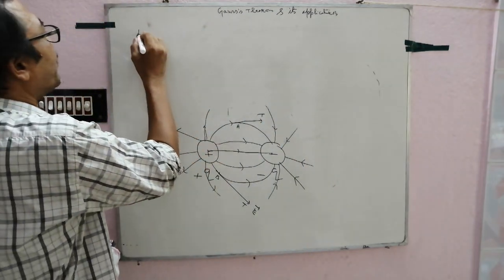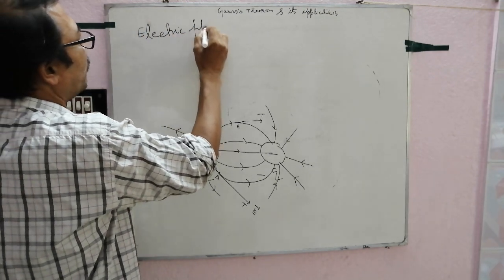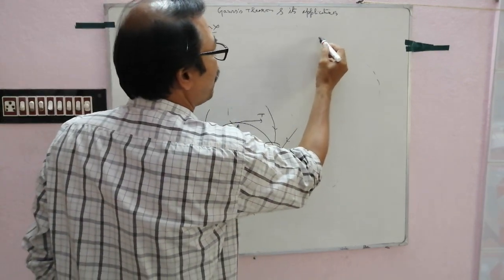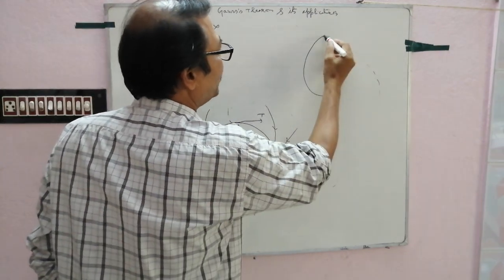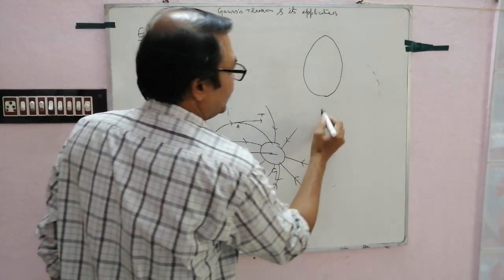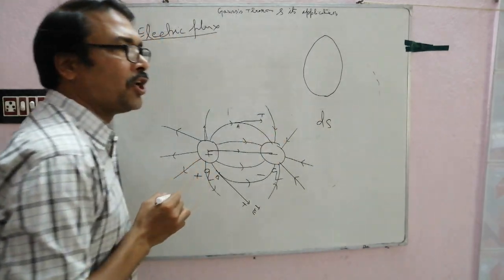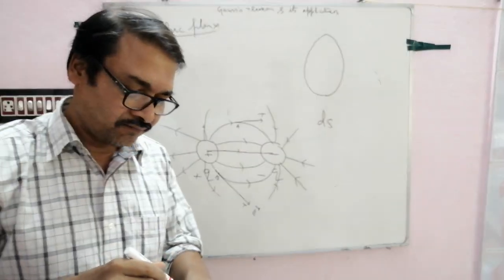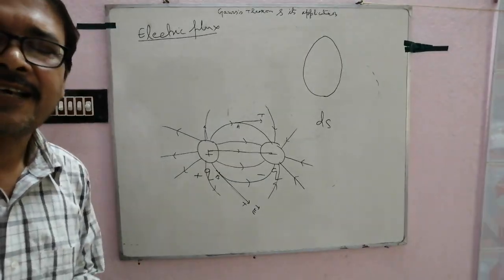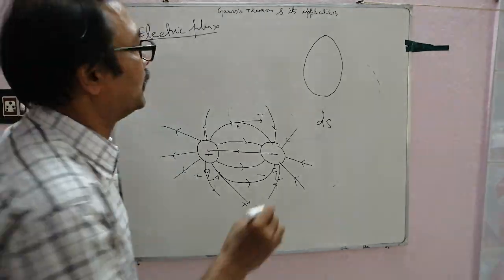Now, what is electric flux? If we consider an area, follow, this is an area, that is a surface. The area is dS. In physics, we know the area is a vector quantity and its direction is perpendicular to the surface and outward.